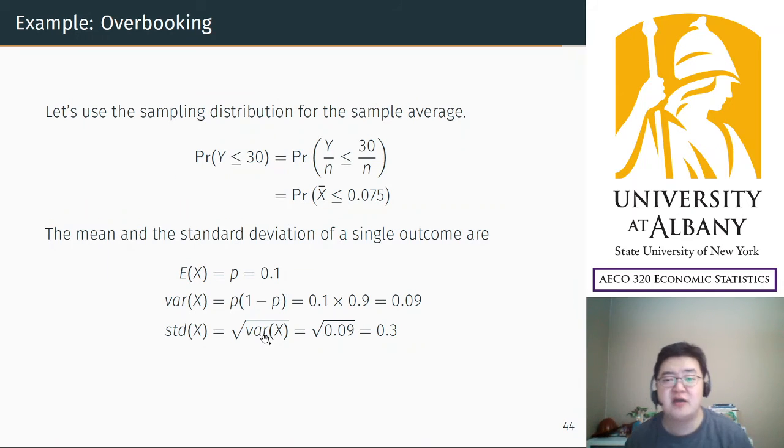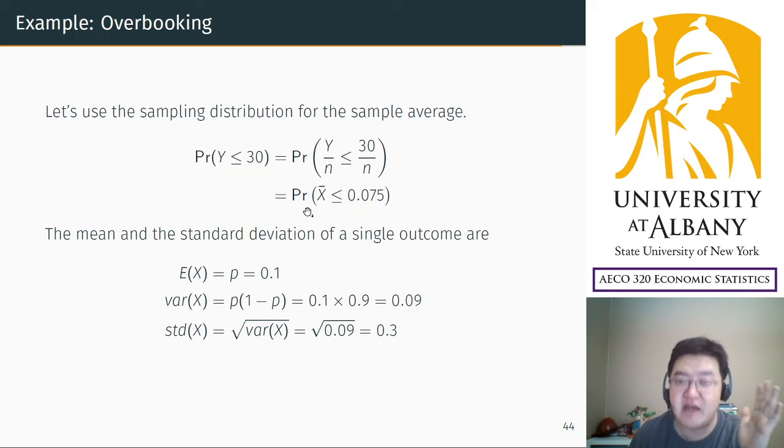Okay, I think I did it too fast. So let me repeat. We wanted to calculate the probability that the number of cancellations is 30 or fewer. But when I write it this way, it means that the percentage of canceled reservations is less than 7.5%.